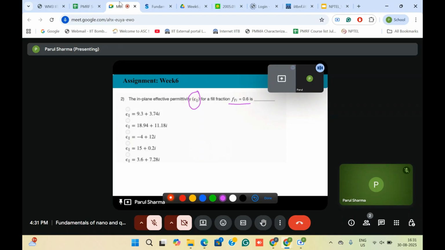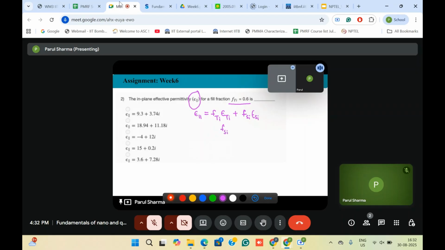So we know that the permittivity in the parallel plane is the weighted average. So epsilon parallel is f of Ti epsilon of Ti plus f of Si epsilon of Si.